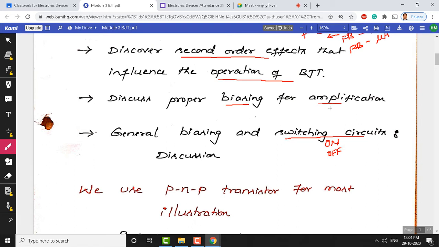As I already mentioned, if you operate the BJT in the active region, it can be used as an amplifier. So the biasing scheme helps us operate BJT in the active region. Similarly, if you want to operate BJT as a switch, mainly to perform on and off operations using BJT, we need to again establish proper biasing schemes.